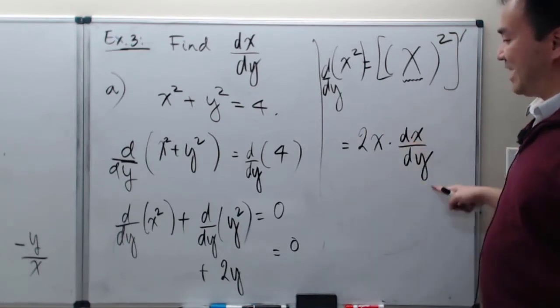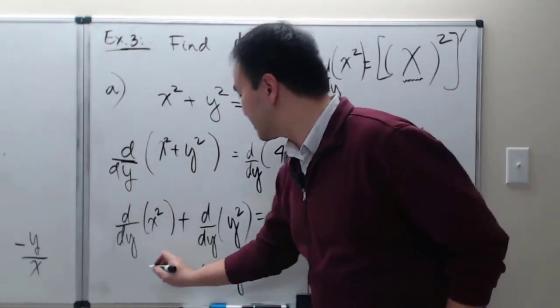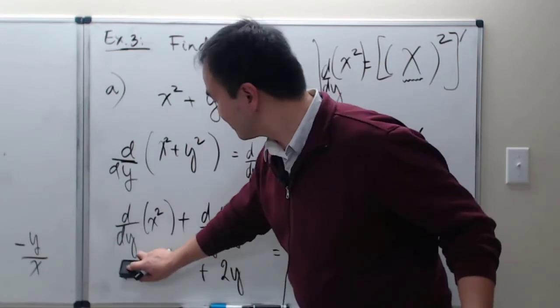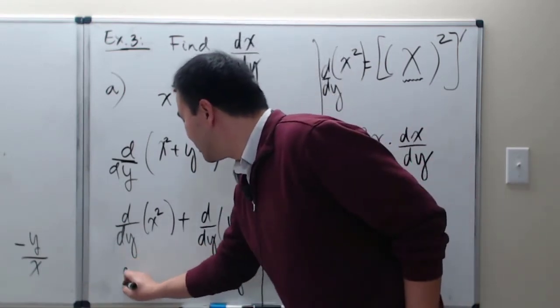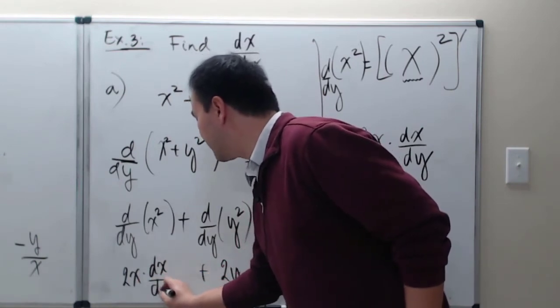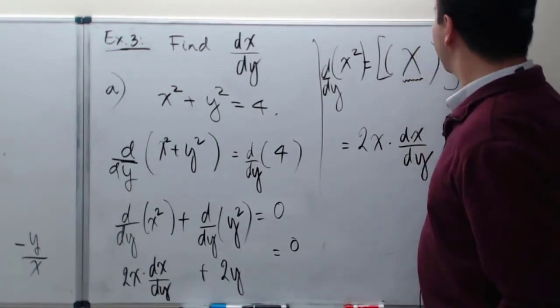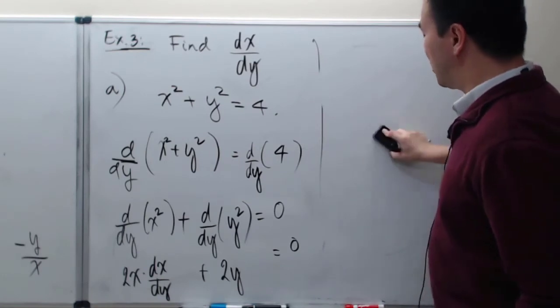All that is now a perfect substitution for this term. So now I'm looking at 2x times dx/dy. And so now we are ready for solving for the final dx/dy.